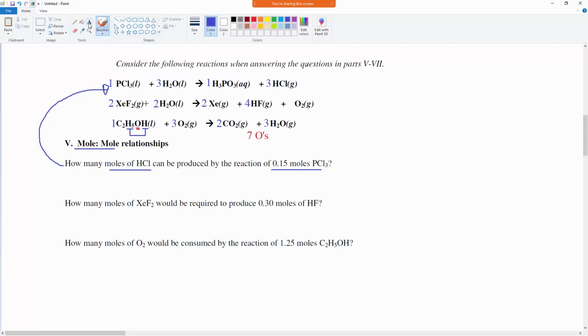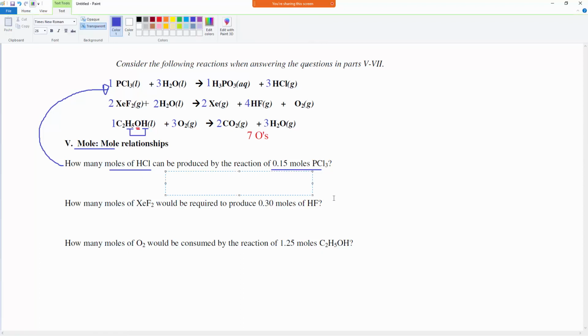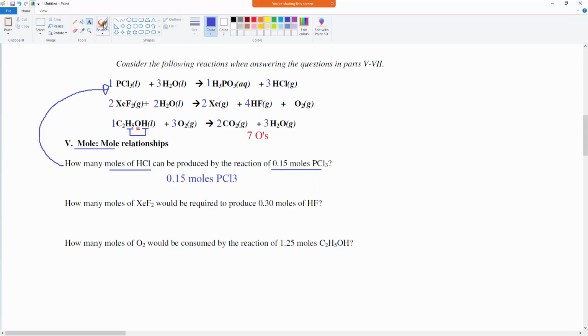So to set this up, we can say, look, if I've got 0.15 moles of PCl3 and I want to convert to moles of HCl, what is the conversion factor between moles of PCl3 and moles of HCl?